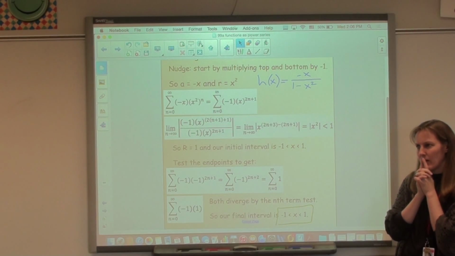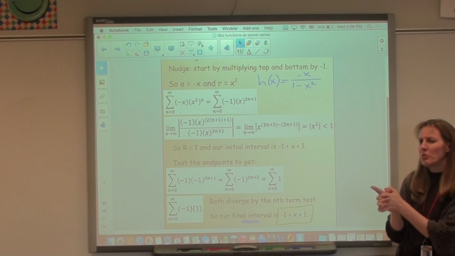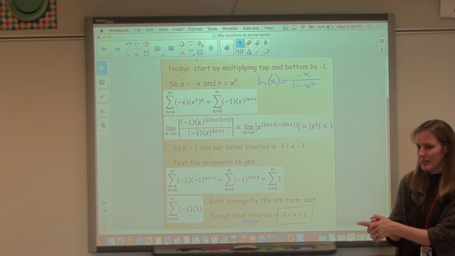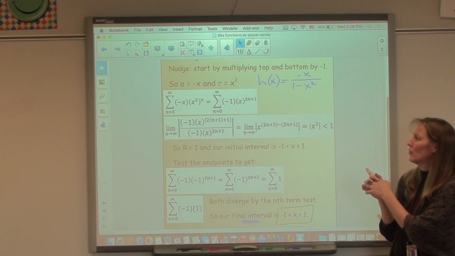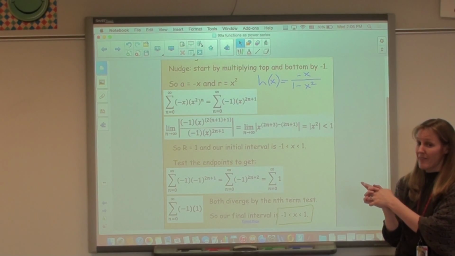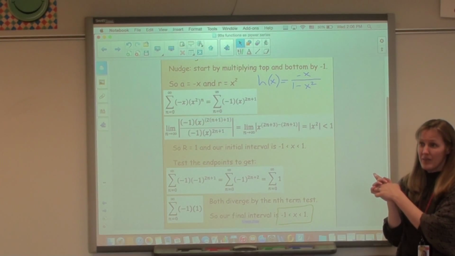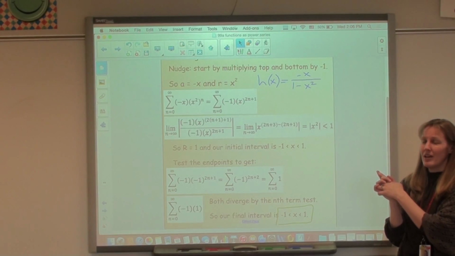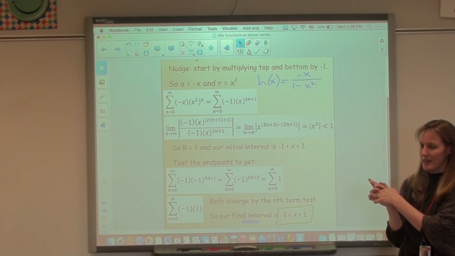Are you asking if we wrote it in polynomial form? In polynomial form, your input is x, right? Yeah. In series form, your input is n. If we write the series as a function, like f of x equals that series, then you get a new function for each n.